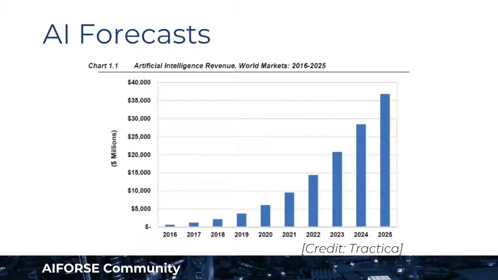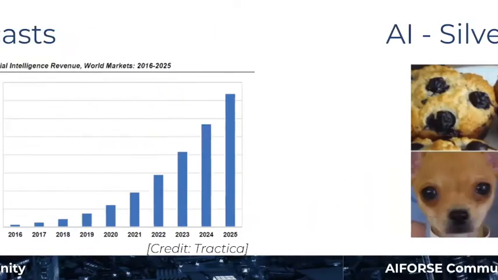This is a forecast by Tractica, and this is for the entire market, for solutions which can be applied to any problems in any industry, not particularly aimed at the one we are aimed at, software engineering. But I believe the trend will be the same across industries, whether AI is applied to forecasting of sales, or marketing, or healthcare, or in our area.